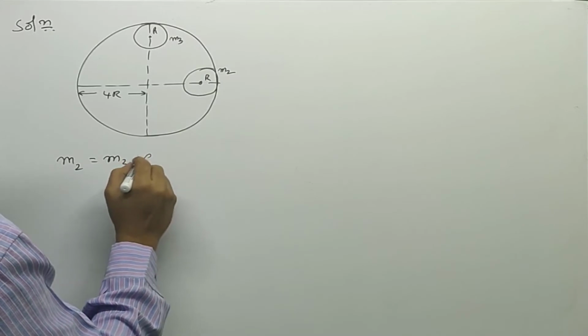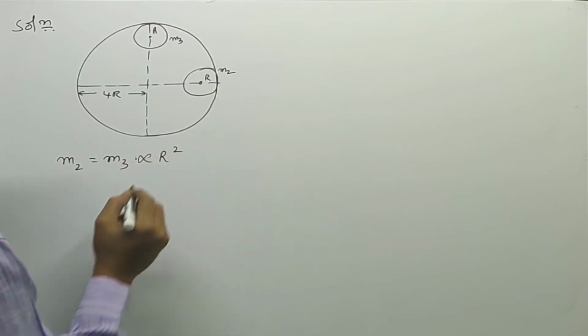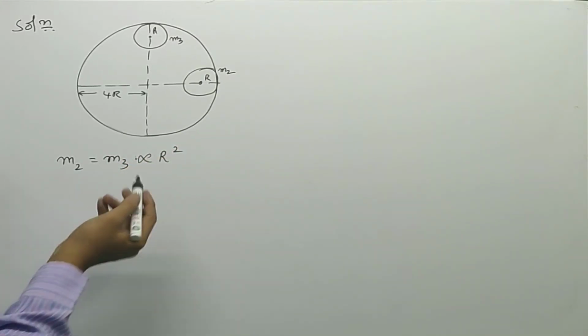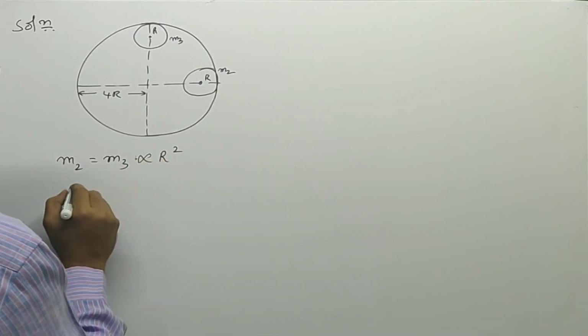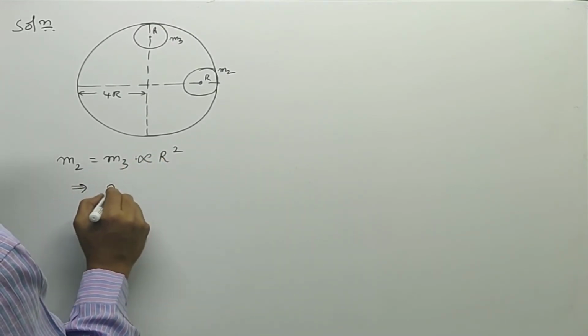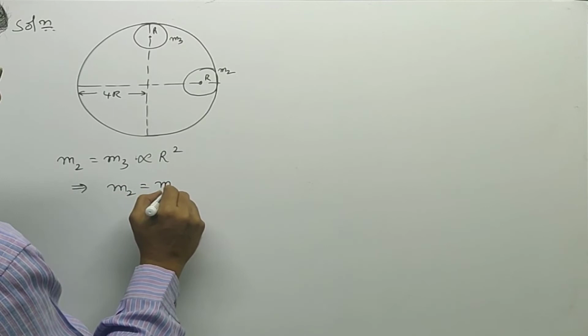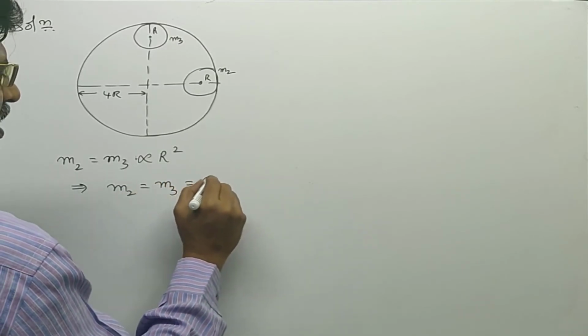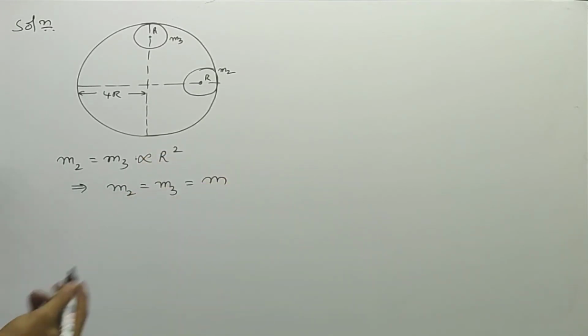Mass is directly proportional to area, which is proportional to R square. So that implies m2 is equal to m3. Both are assumed as R square is equal to m.